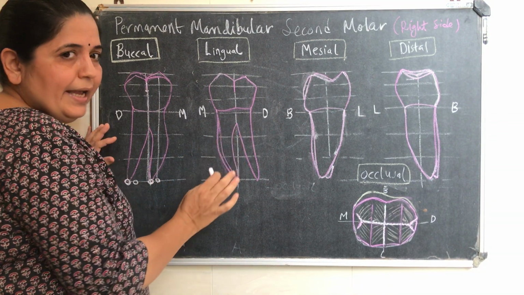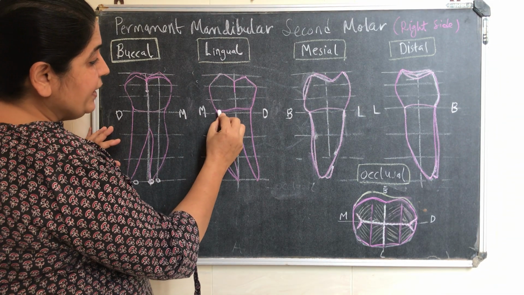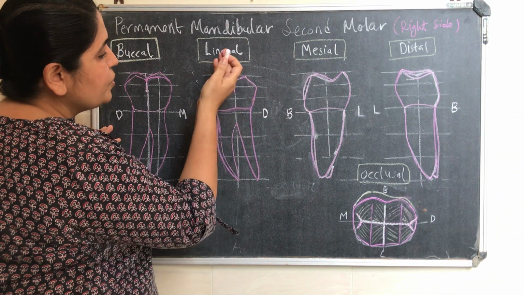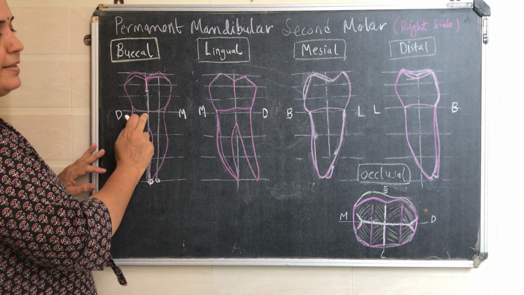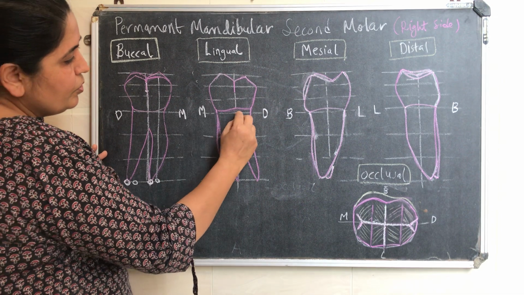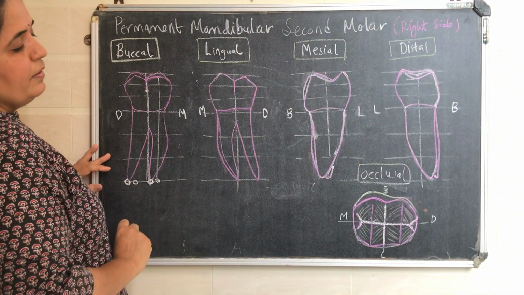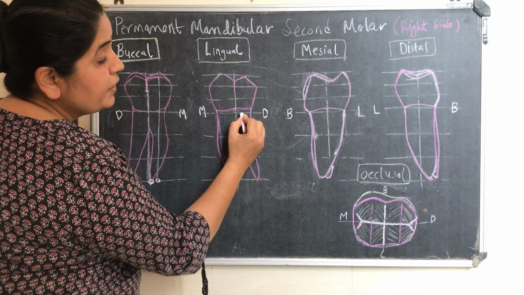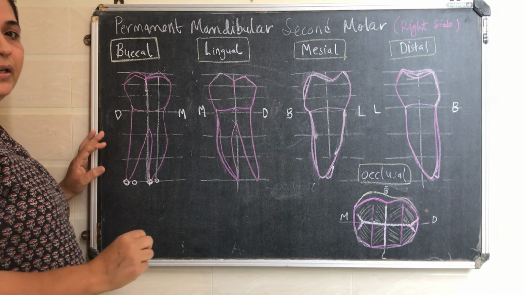The cervical line is more irregular from the lingual aspect and is more occlusally placed as compared to the cervical line on the buccal side. So the length of the root trunk increases.